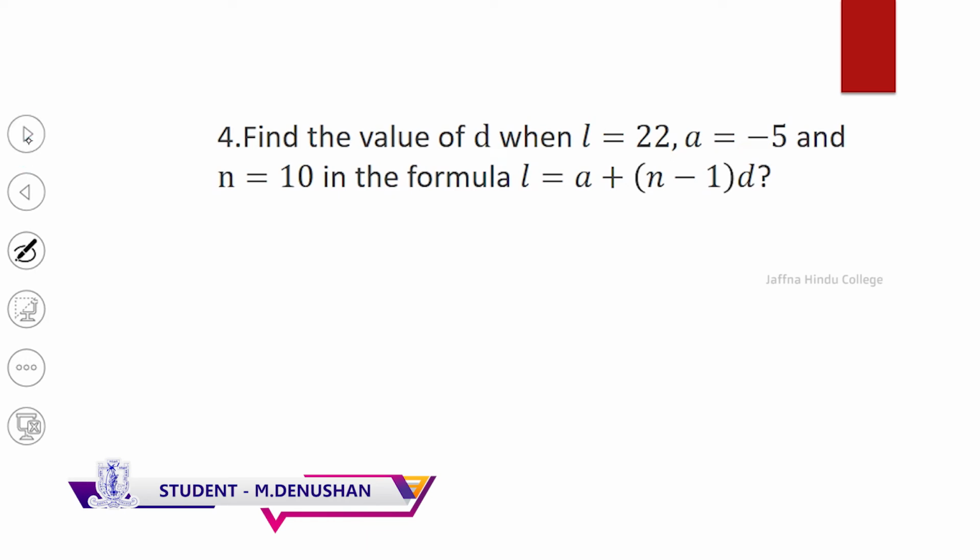Here we have to find the value of d when L is equal to 22, a is equal to -5 and n is equal to 10 in the formula L is equal to a plus n minus 1 into d. For that purpose, first we have to make d the subject.